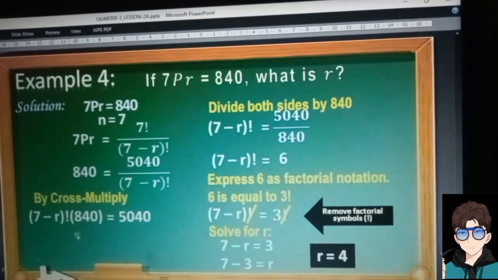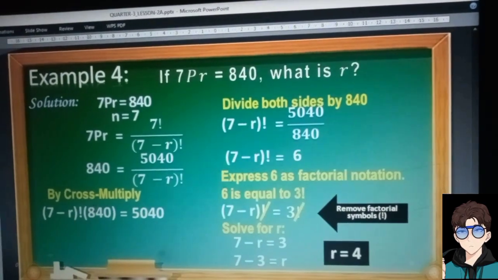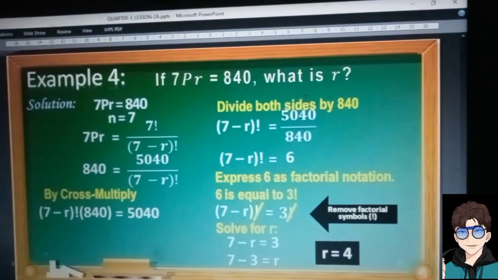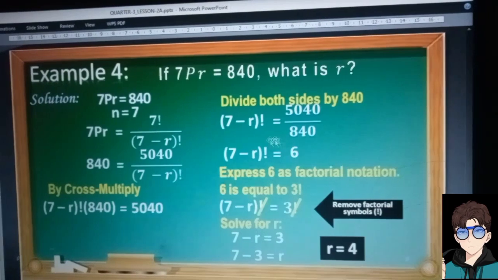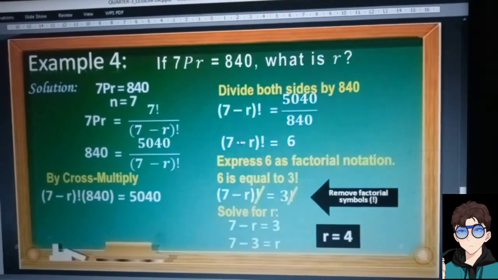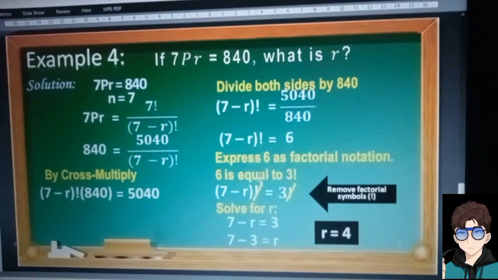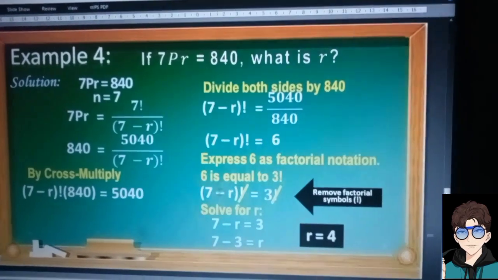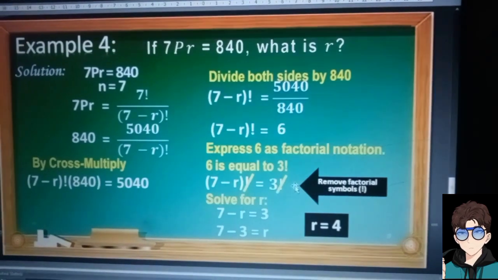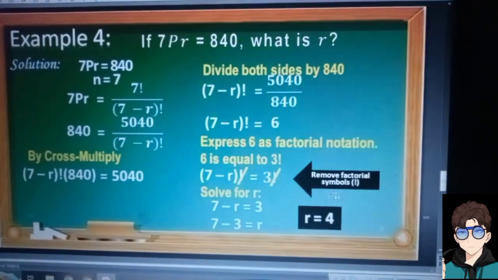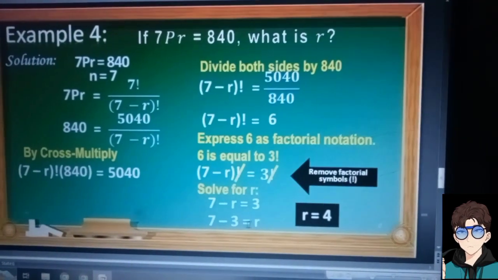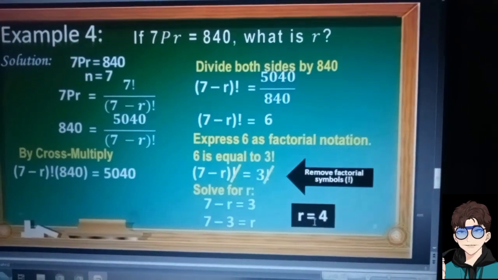By cross multiplying, 7 minus r factorial times 840 is equal to 5040. Divide both sides by 840, so 7 minus r factorial is equal to 5040 over 840, which is 6. Express 6 in factorial notation: 6 is equal to 3 factorial. So 7 minus r factorial is equal to 3 factorial. Remove the factorial symbol and solve for r: 7 minus r is equal to 3, then 7 minus 3 is equal to r. So r is equal to 4.